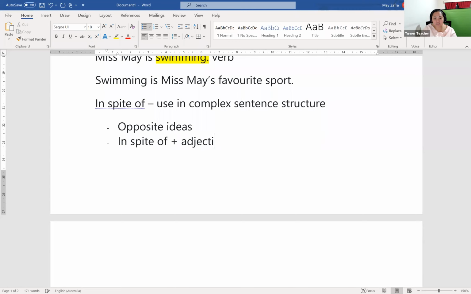What is an adjective? Can anybody tell Miss May what an adjective is? Adjective modifies the noun. Yes, describing words. Okay, so when we are using in spite of, it is followed by an adjective.